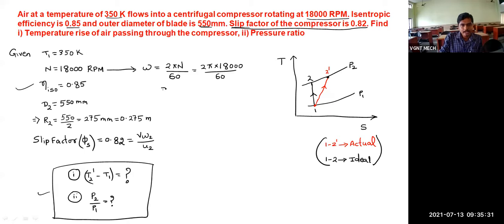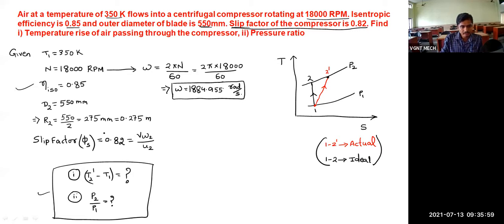Okay, so that implies how much omega we are getting? Omega is 1884.955 radian per second. Right?